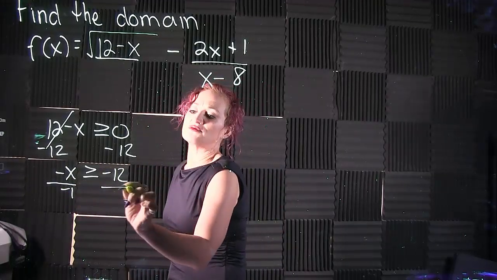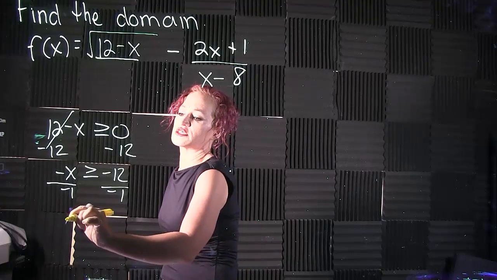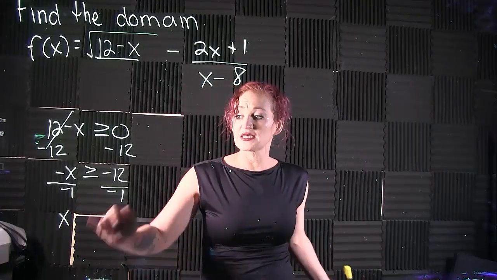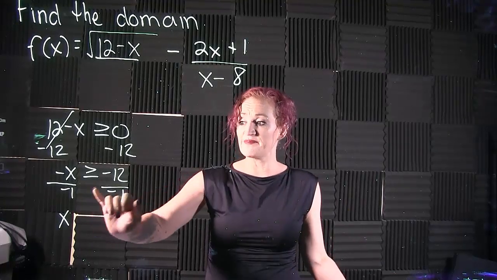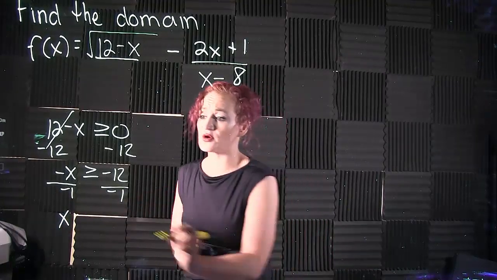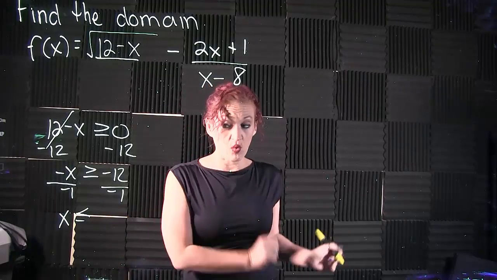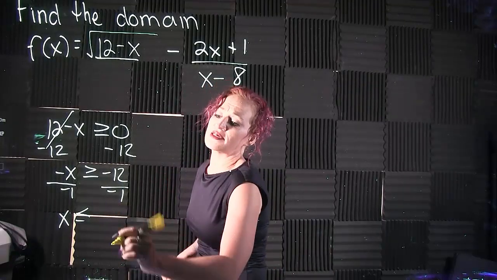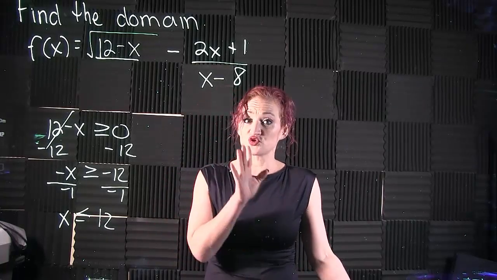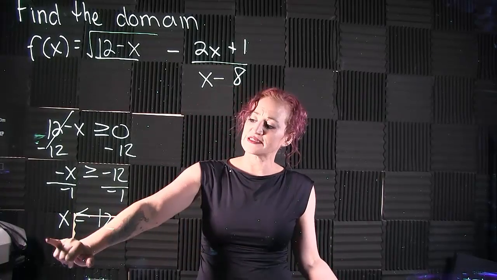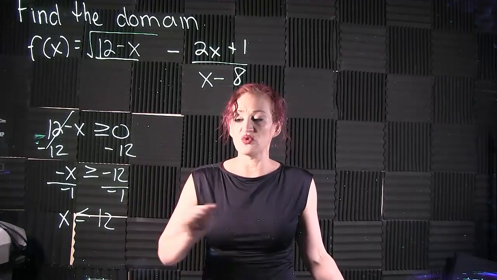Divide out your negative 1 on each side. Keep in mind, when you're dealing with inequalities, when you multiply or divide by a negative like we are here, you must flip the inequality symbol. Drop down x, and on the right-hand side, we drop down that positive 12. So far, our domain has to be less than or equal to positive 12.